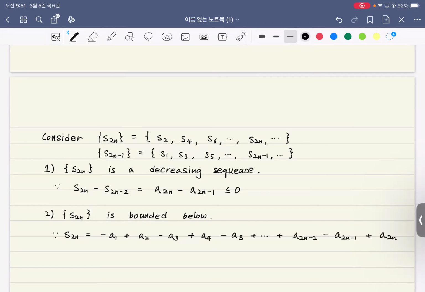For educational purposes, I intentionally wrote the expanded S2n in terms of the ANs, just like this. Now, I want to group them just like this.